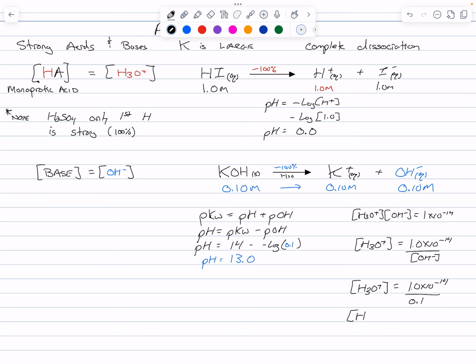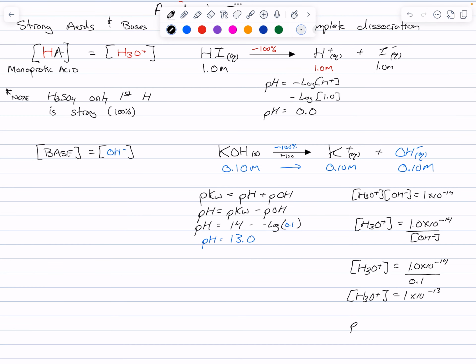So our H3O plus concentration is 1 times 10 to the negative 13. And our pH would be the negative log of 1 times 10 to the negative 13, which is 13.0, because of how sig figs work. All right, so those are the two ways to do it.